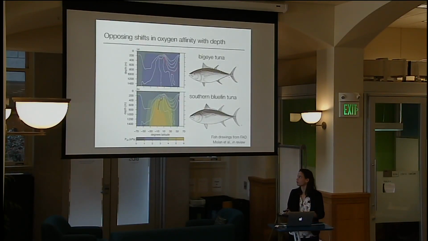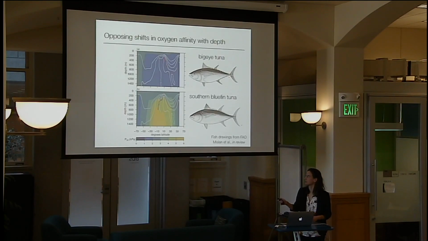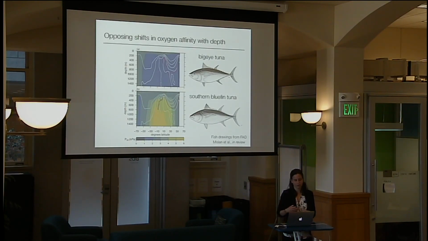However, the southern bluefin tuna would be seeing the environment very differently if it was moving from the surface in the tropics to deeper depths. And in fact, this animal doesn't even live in the tropics. It mostly lives down here where, interestingly enough, it looks much more like it does for the bigeye tuna. So these adaptations would really change the way the animals interact with the environment.